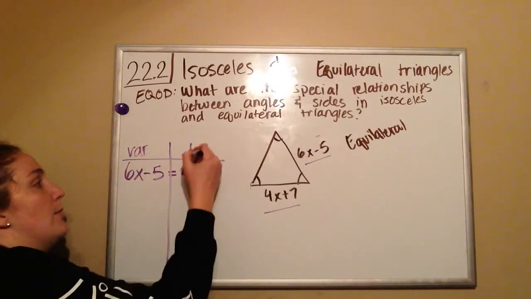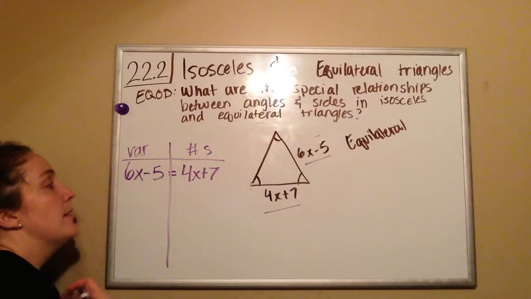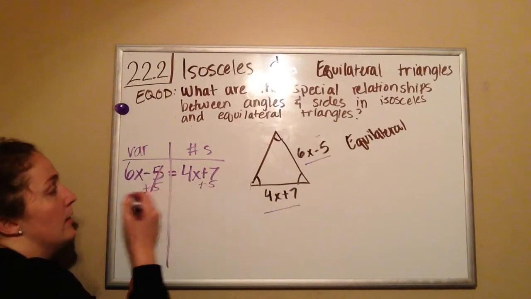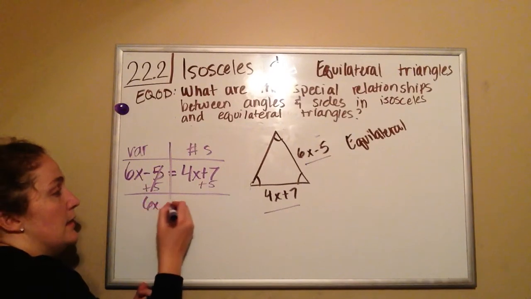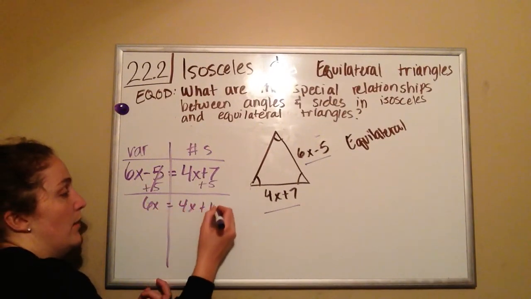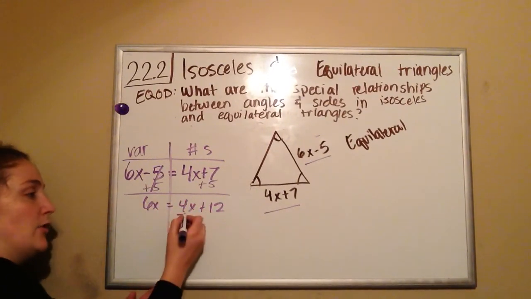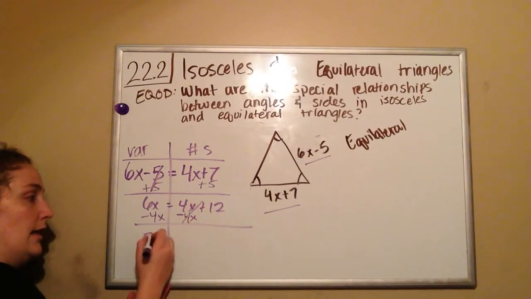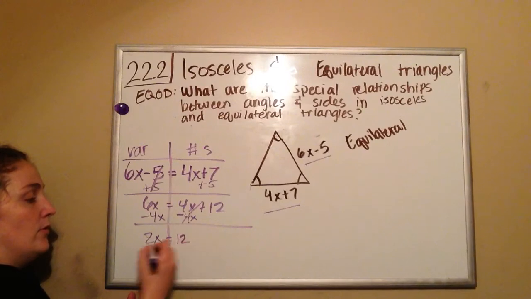And I'm going to move my numbers to my right. So I'm going to add 5 to both sides, and I get 6x equals 4x plus 12. And then I'm going to subtract 4x, moving my variables to my left. And I get 2x equals 12, divided by 2. I get x equals 6.